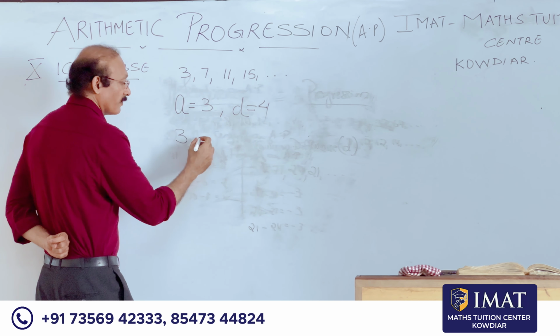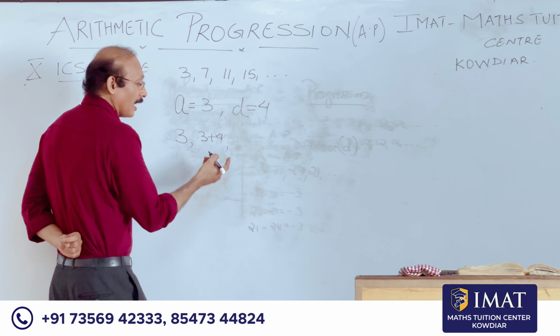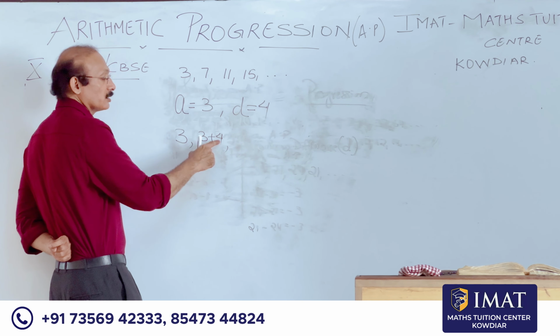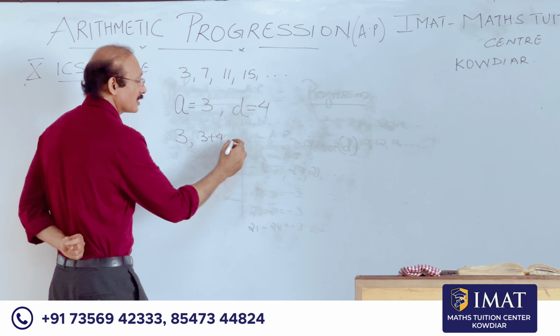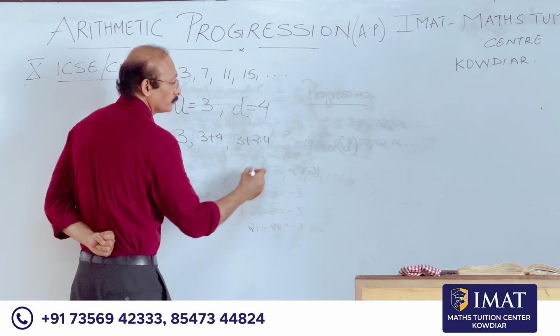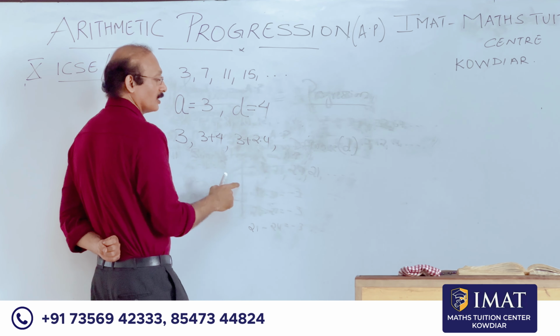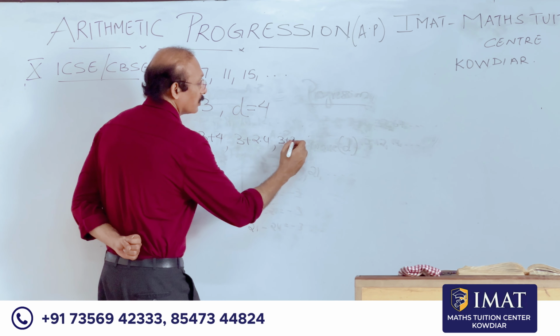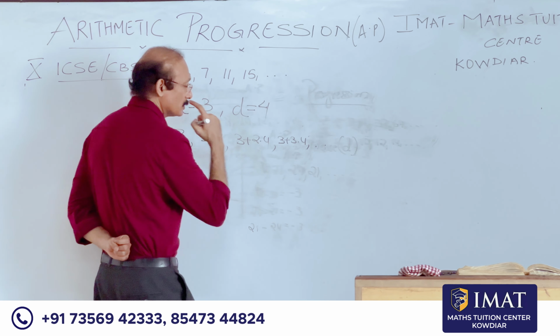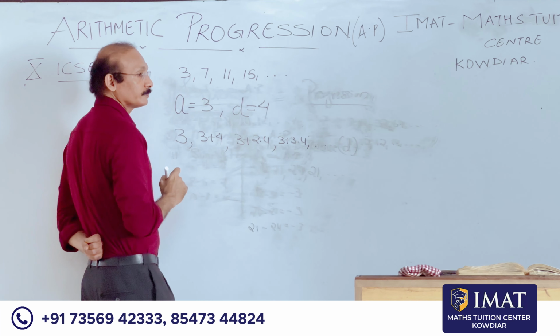The next term is 7, which can be written as 3 plus 4. The next term, you add one more 4 to this, so that is 3 plus 2 times 4. Again add one more 4 to get the next term, that is 3 plus 3 times 4, etc. Isn't it? 3 into 4 is 12. 12 plus 3 is 15.